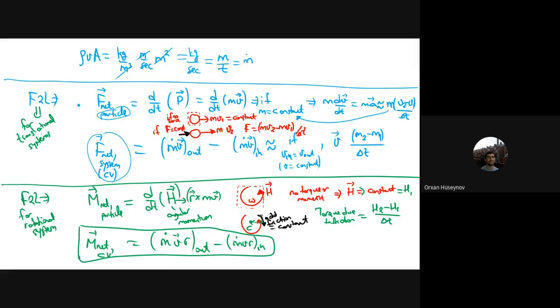For fluid mechanics, the net moment acting on the system will be equal to m dot v cross r at outlet minus m dot v cross r at inlet.